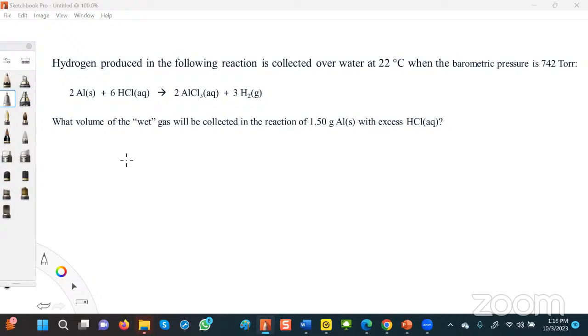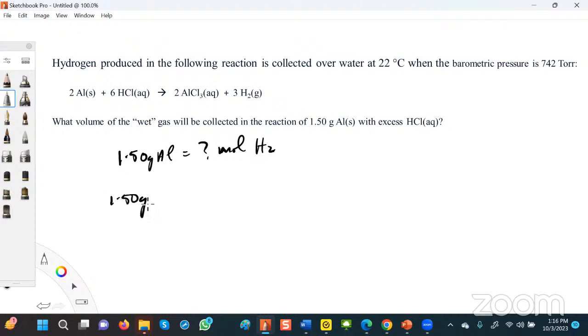Okay, so the first thing I would do is start off with the 1.50 grams of aluminum, and try to determine the number of moles of hydrogen. How will I do this?